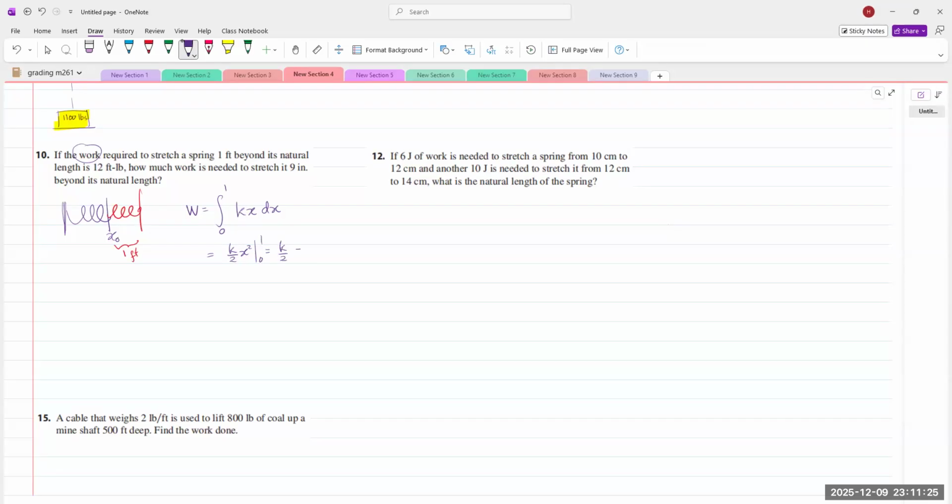But this work is said to be 12. So from here we get k equals 24. That's if we stretch that by 1 foot, right? Okay, now from here we see that the force function is equal to 24x.